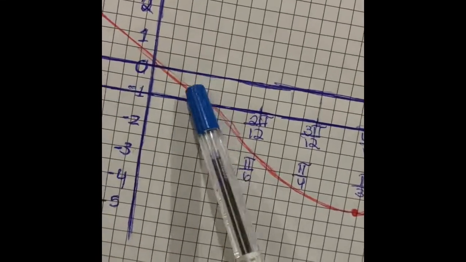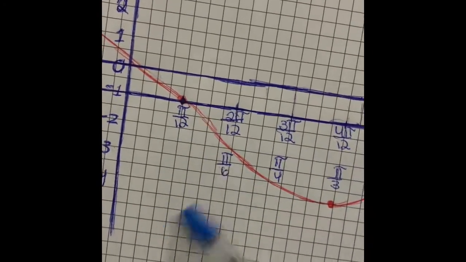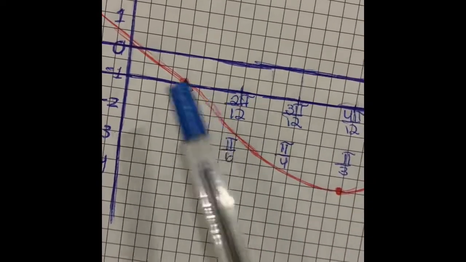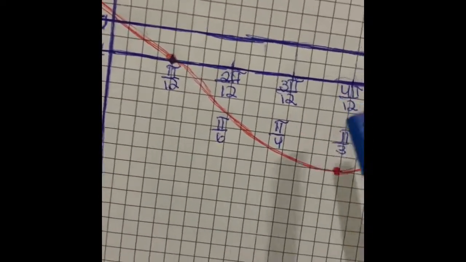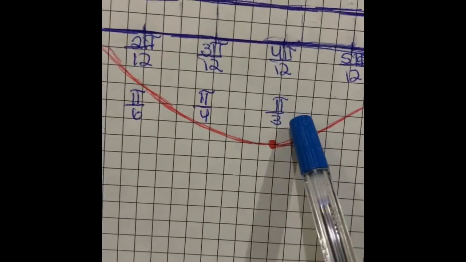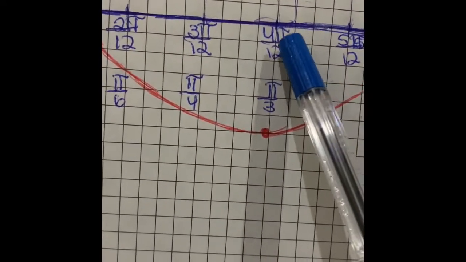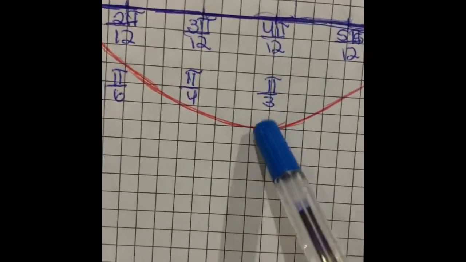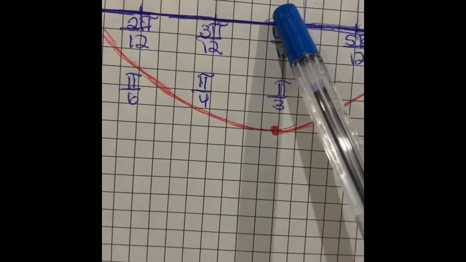Then we have to go down another 3 points, because then we have our point number 2, that is π thirds, and in twelfths it's the same as 4π over 12, so we convert it and put it in.